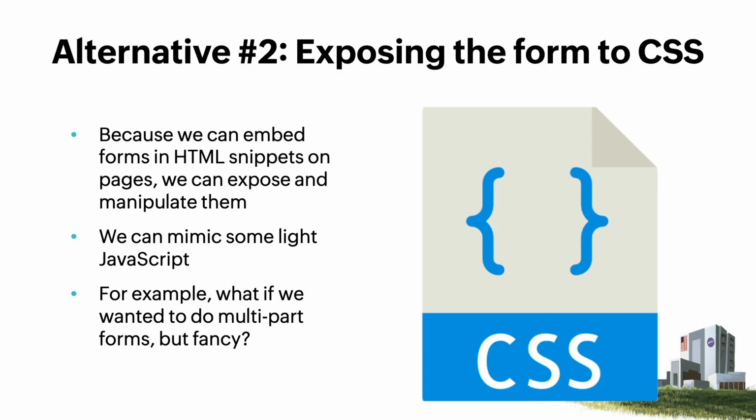What a lot of people do not know is you can embed, it's called a style-based URL. You can embed a form or report in that HTML snippet, and that exposes the entire form and report to HTML and CSS. So basically, with a combination of pre-existing Deluge workflows that already exist in the form, this will allow us to mimic some light JavaScript.